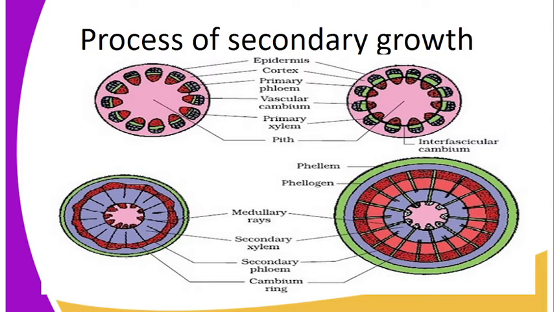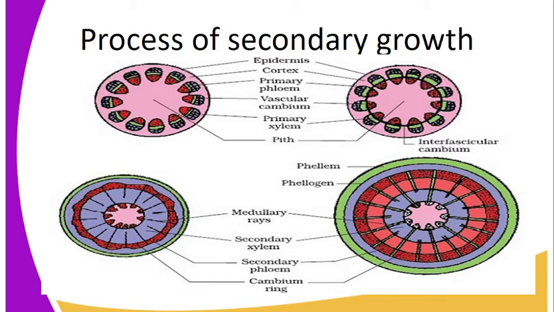So the process of secondary growth takes place as below. The first step is the cambium divides to form new cells. Can you see the vascular cambium in our first diagram? The vascular cambium divides to form new cells.